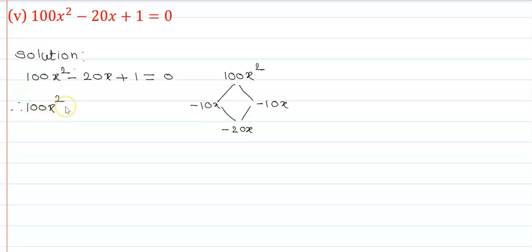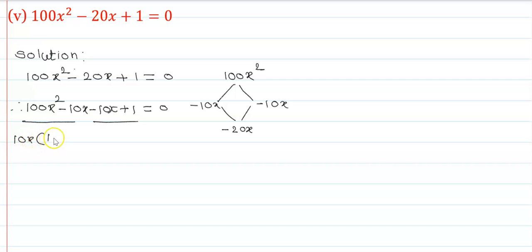And therefore 100x square as it is. Minus 20x can be written as minus 10x minus 10x plus 1 is equal to 0. Now the common from the first two and the last two. What is the common here? 10x is a common.